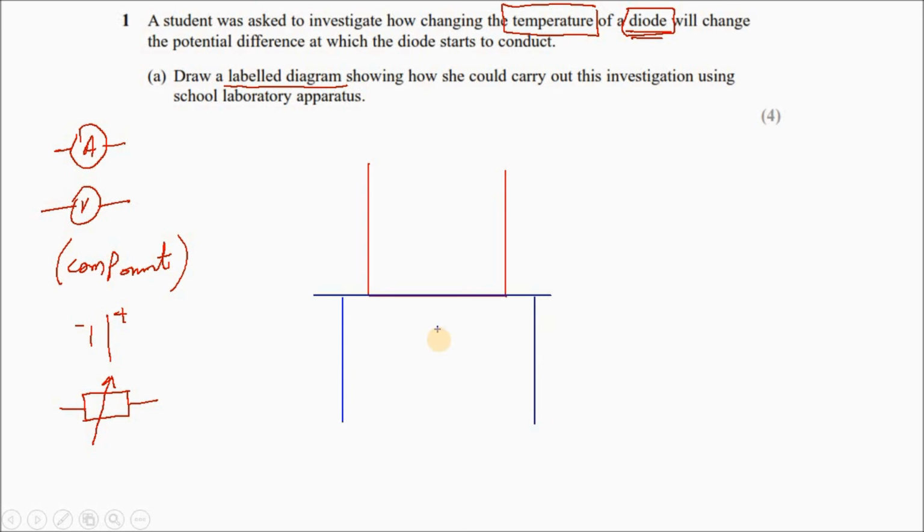You can draw a Bunsen burner, and the flame. You have a component inside, a diode. You can label it. You can use a symbol for the diode, and then you can connect it with the circuit.